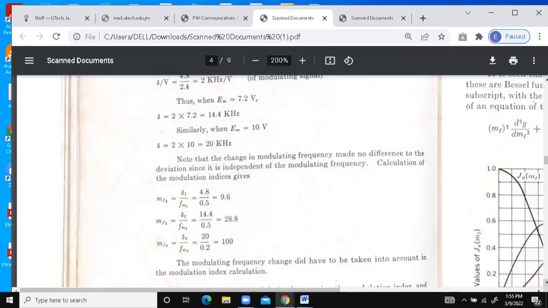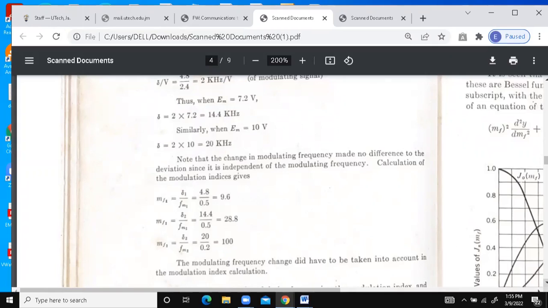So at some point, say you're transmitting, if your carrier frequency is at a certain value and your frequency gets too low, then that would be filtered out.